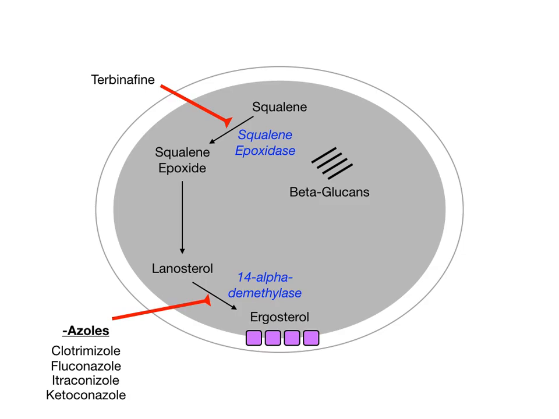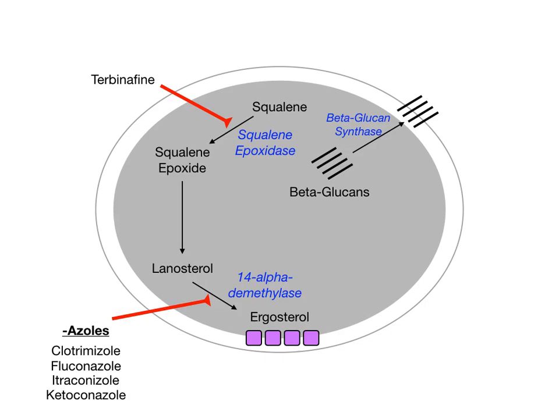And there's an enzyme that takes these beta-glucans and activates them and basically finalizes them as they move out to the outer cell wall. And that enzyme is called beta-glucan synthase. So beta-glucan synthase takes inactivated beta-glucans, activates them, puts on the final touches, and then transports them out to the fungal cell wall where they protect the fungal cell.